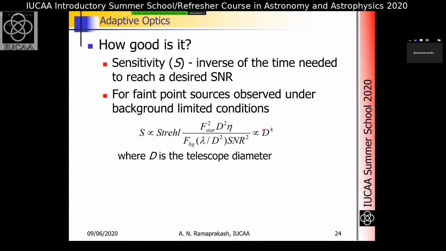So it is not just the area of the telescope which improves your signal to noise ratio. It scales like the square of the area.